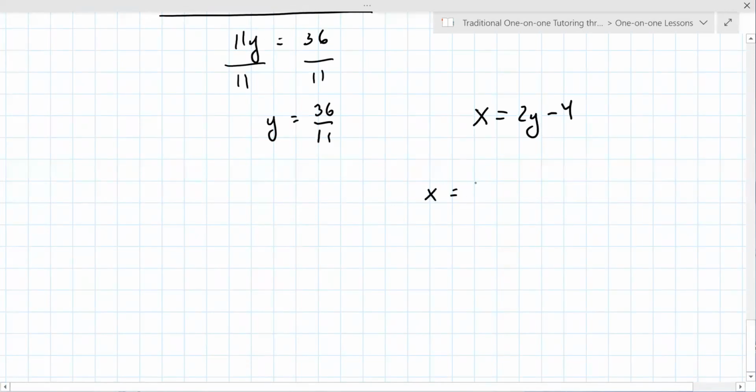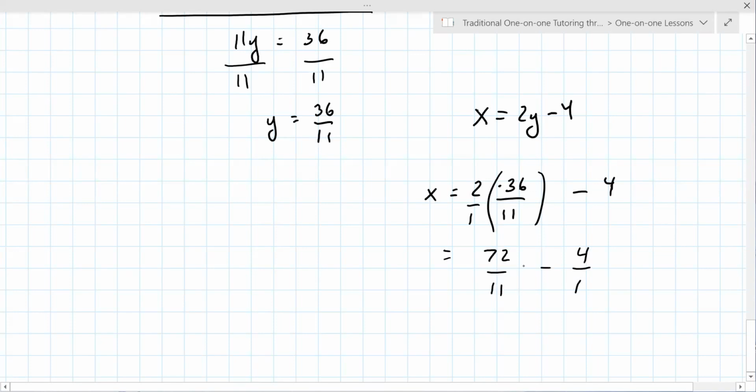So x is 2 times 36 over 11 minus 4. When you're multiplying fractions, you multiply the tops and the bottoms. So it's 72 over 11 minus 4 over 1.